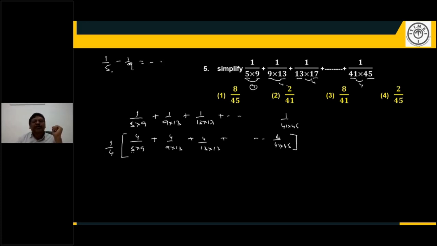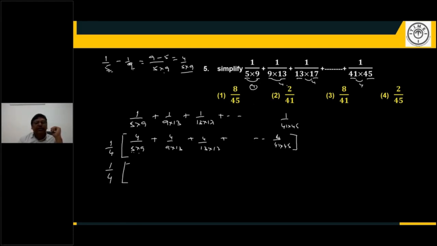What is 1 by 5 minus 1 by 9? If you simplify, LCM will be 5 into 9. 5 goes 9 times, 9 goes 5 times. 9 minus 5, is it not 4 by 5 into 9? Good, Kashyap.